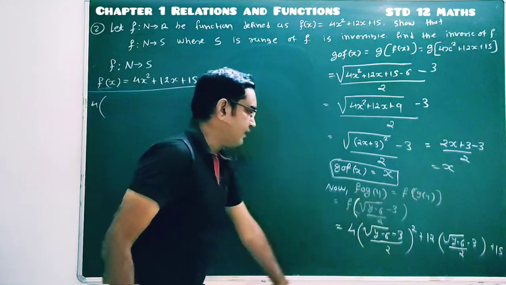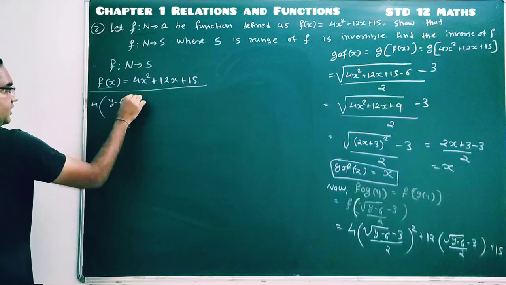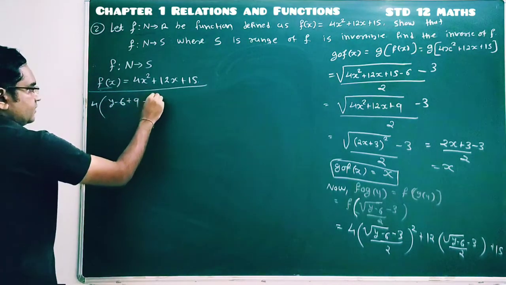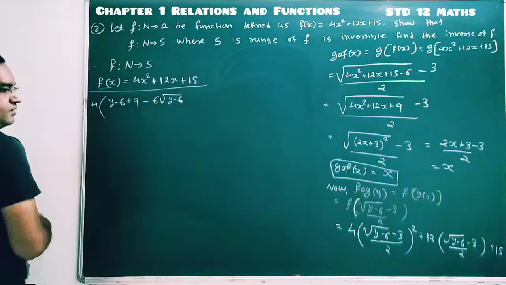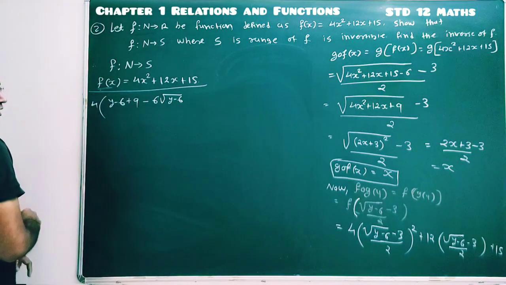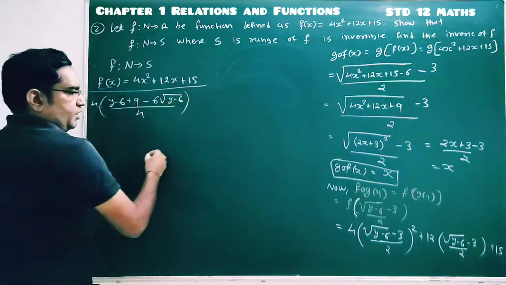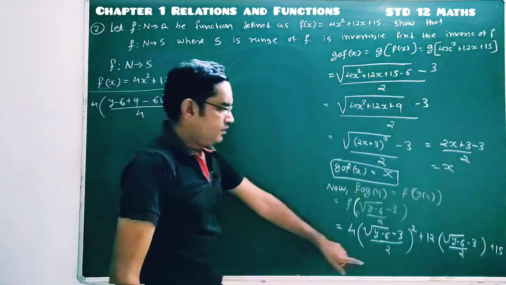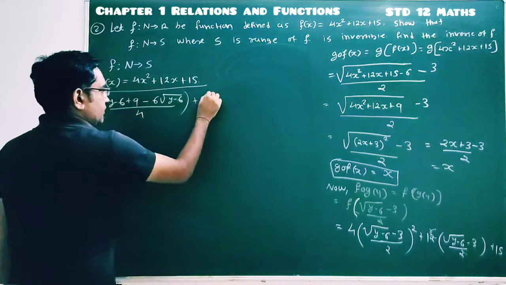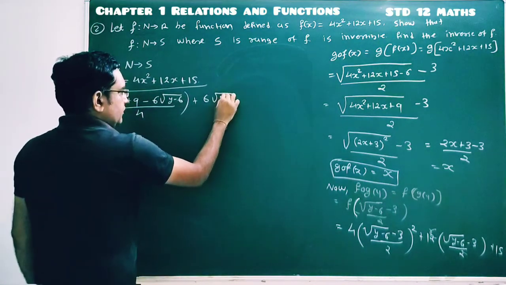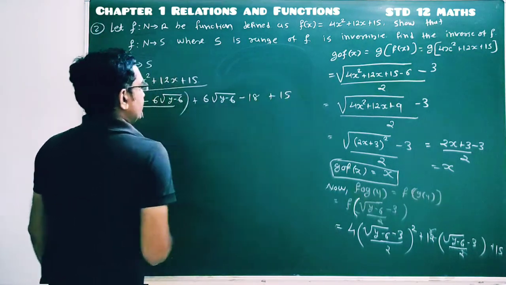This is the first term, this is the second term, so the square of y minus 6 will be y minus 6, the square of 3 will be 9, minus 3 times 6 square root of y minus 6. Done. This is the expansion of the numerator. The denominator is 2 square, 4, into here 2 sixes are 12, 6 multiplied inside, so it's 6 into square root of y minus 6, and 6 threes are 18, plus the last term is 15.